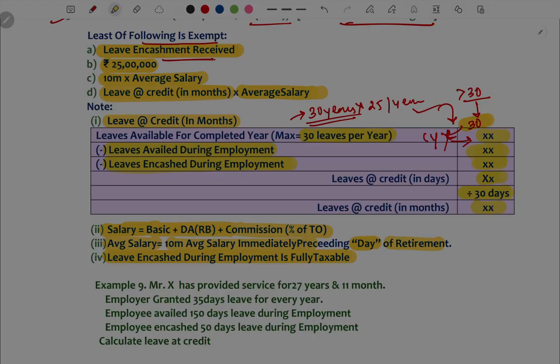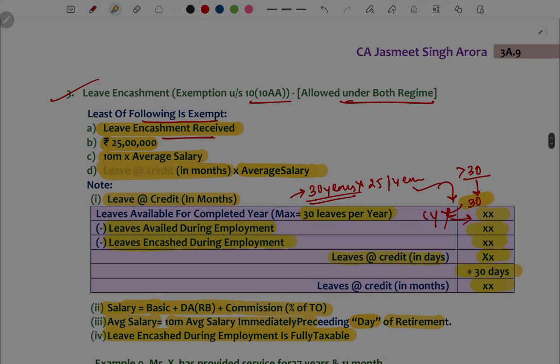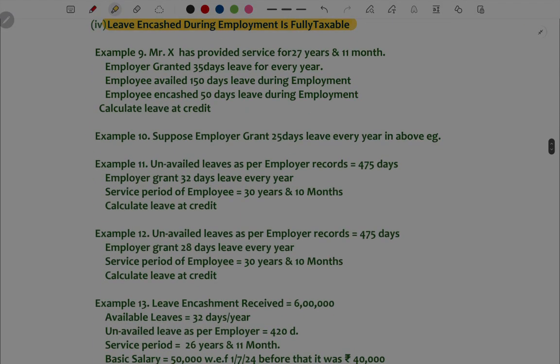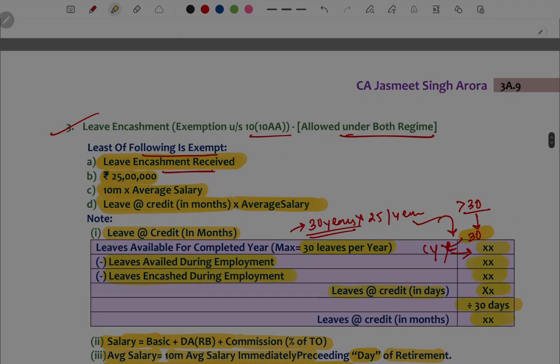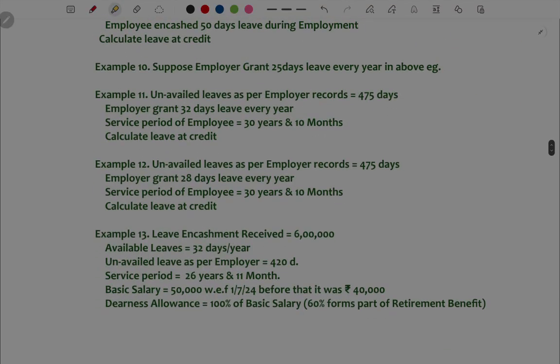After deducting all those, you will be left with your leave credit, and then you divide by 30 days, so you will get it in months. So leave credit in months into your average salary gives you an amount; or 10 months into average salary, or 25 lakhs, or leave encashment received, whichever is lower will be exempted from your leave encashment. It's done.